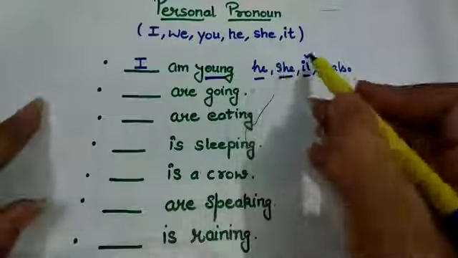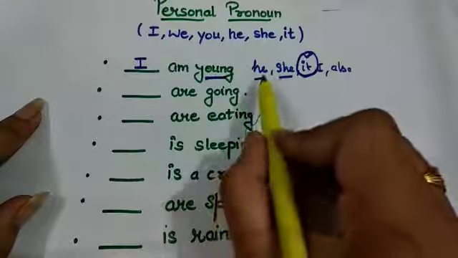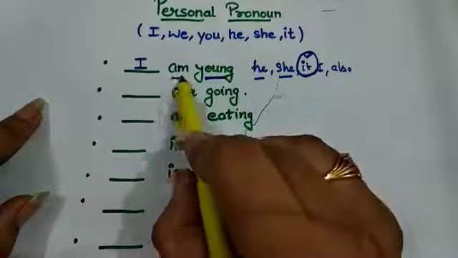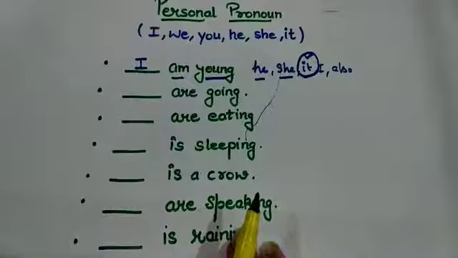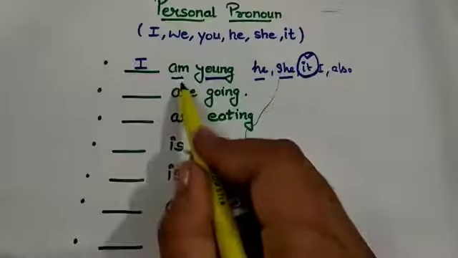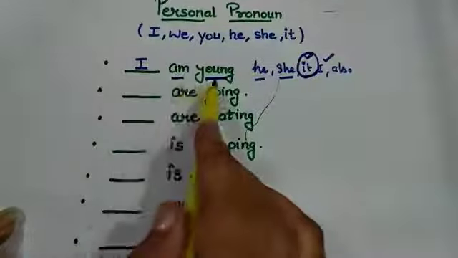So I cannot use it here. Now he and she. Here I am using am, and if you haven't seen my very first video, please go and watch. I have told there how we can use is, am, and are. We use am with the first person, so here we can use I am young.